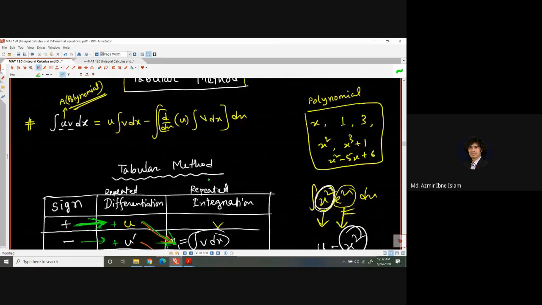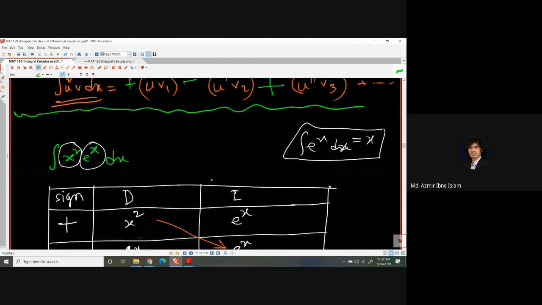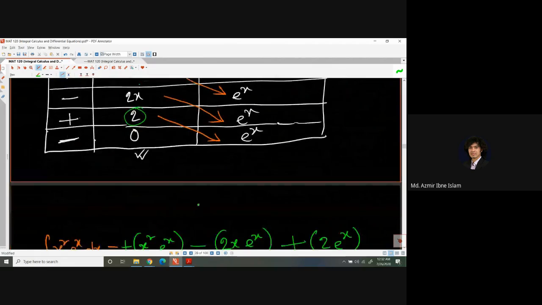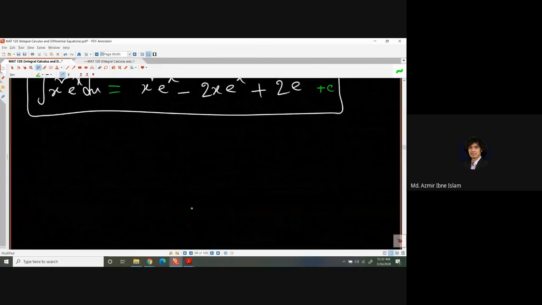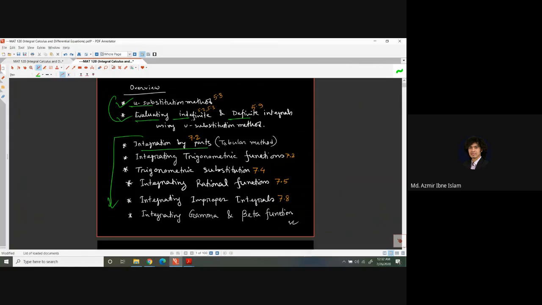So I hope in this part I have covered integration by parts and the tabular method, and that you have understood all these things. Then we will focus on the second part, how to integrate trigonometric functions.